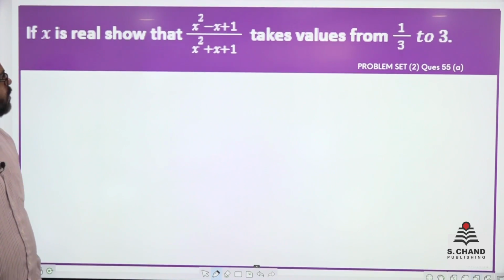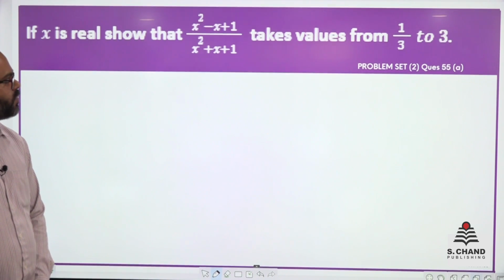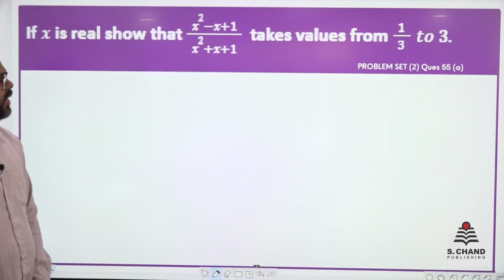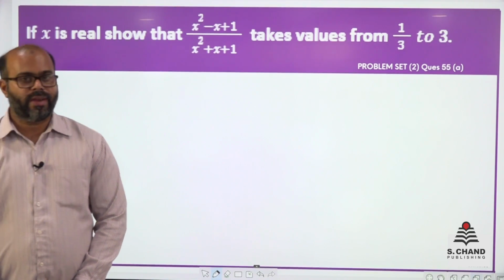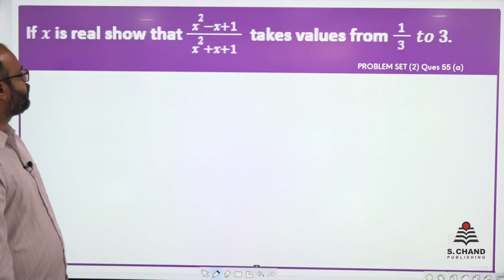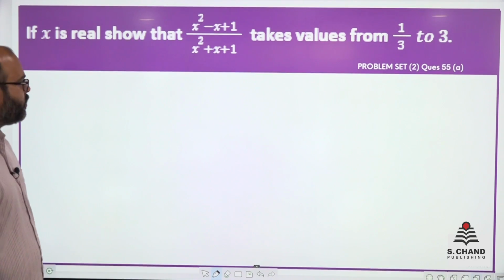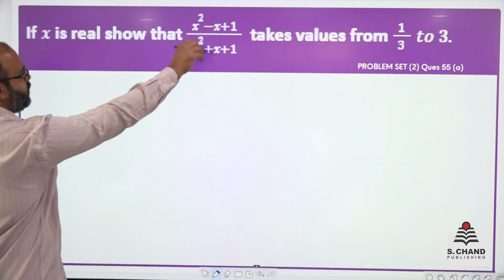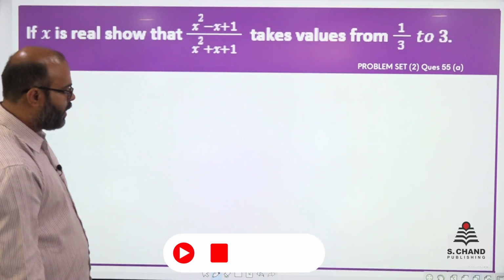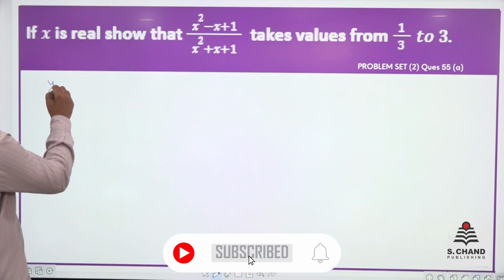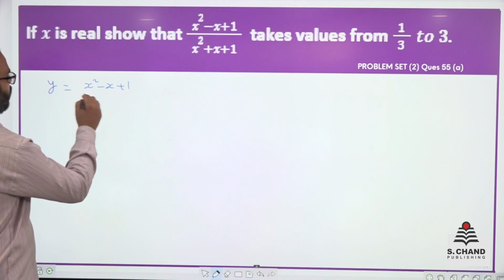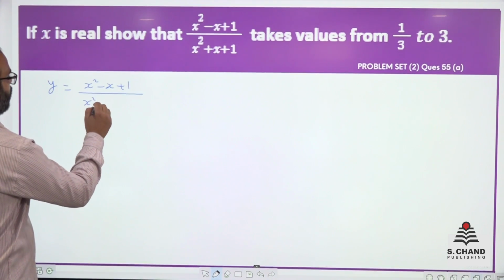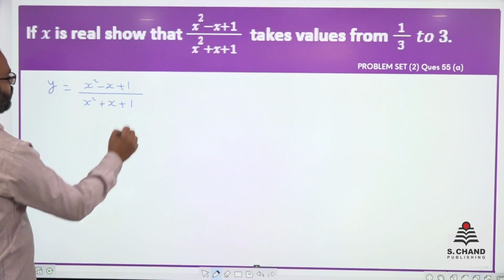If x is real, show that (x square minus x plus 1) by (x square plus x plus 1) takes values from 1 by 3 to 3. So here you have to find the range. In order to find the range, the expression which is given, I am going to take as y. So y is equal to (x square minus x plus 1) by (x square plus x plus 1).